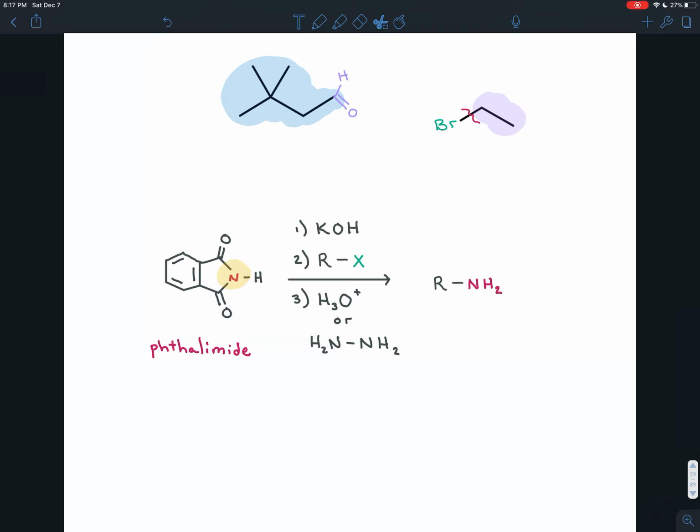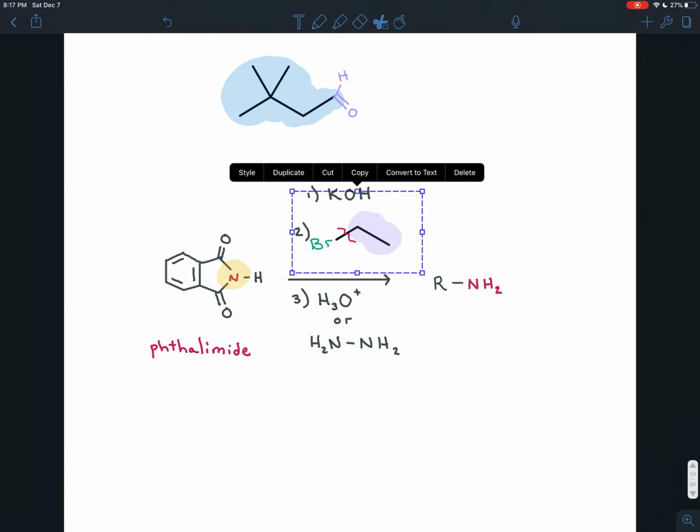Okay, so here we have our standard recipe for the Gabriel synthesis. You always start with phthalimide. Potassium hydroxide you always add to rip that alpha hydrogen off, turn the nitrogen into a nucleophile. And then you always add an alkyl halide. Well, we just figured out the alkyl halide that we want to add.